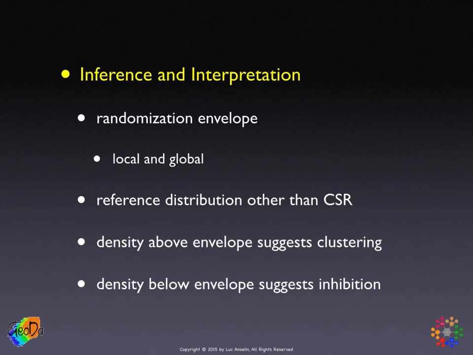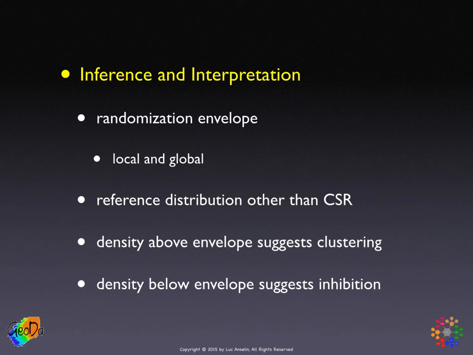relative to another process. And it gets a little bit technical how the randomization envelope is constructed and then interpreted. There's both a local interpretation in the sense of significant clustering at a given distance, but there's also a global interpretation. In general, if the density is above the randomization envelope, it suggests clustering.